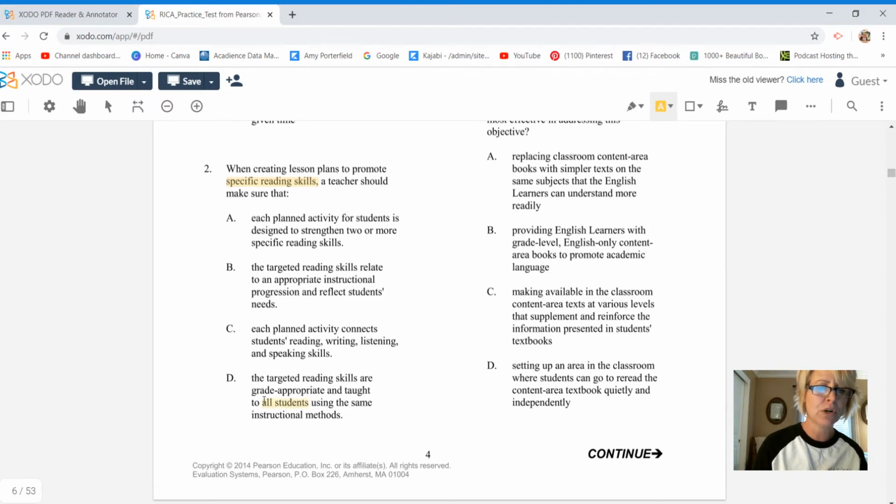Anytime you see the words all students, that's a real big question mark there. I'm always a little leery of those. All students do not use the same instructional method, so I'm throwing that one out. So our best answer here is B. The targeted reading skills relate to the appropriate instructional progression and reflect the student need.